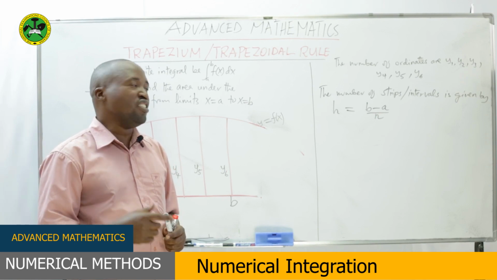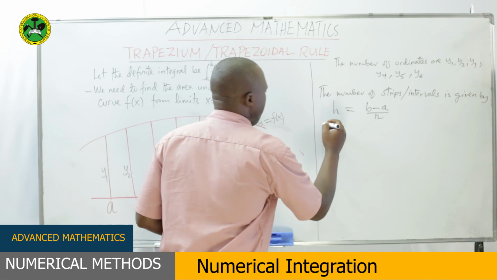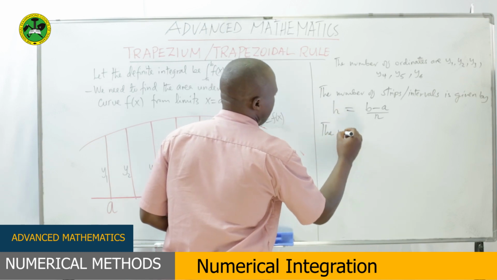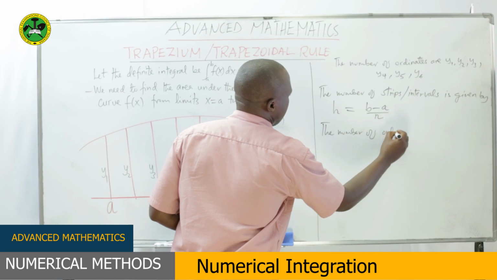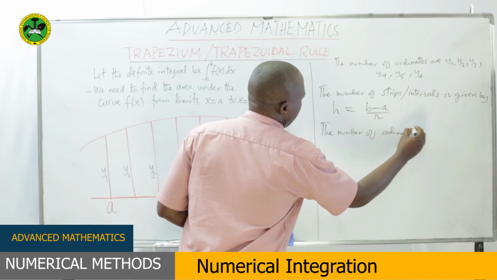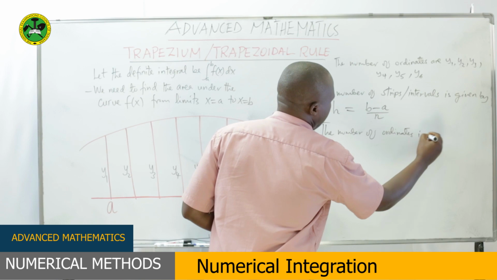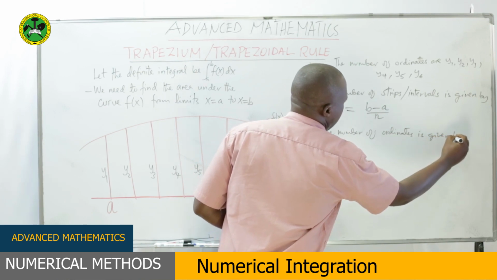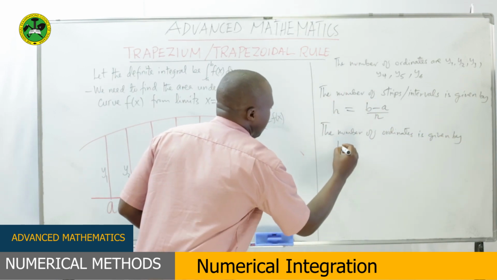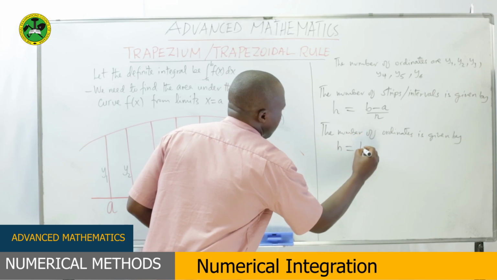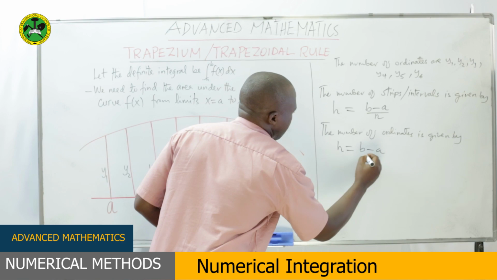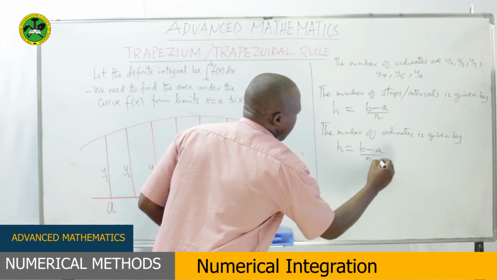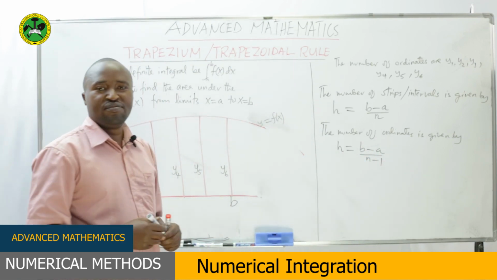But for the case of ordinates, the number of ordinates is given by h is equal to b minus a over n minus 1.